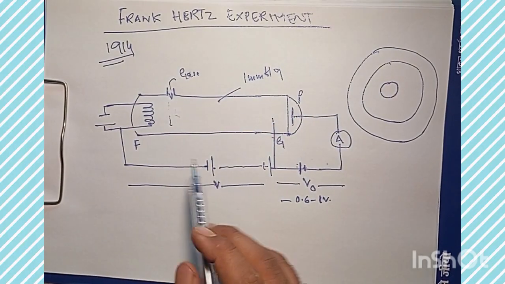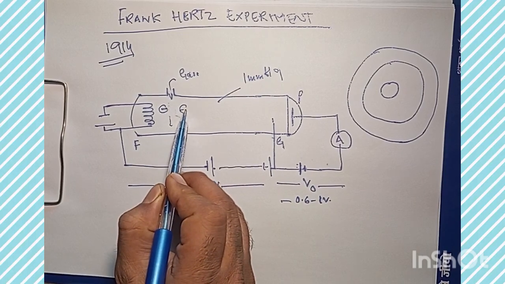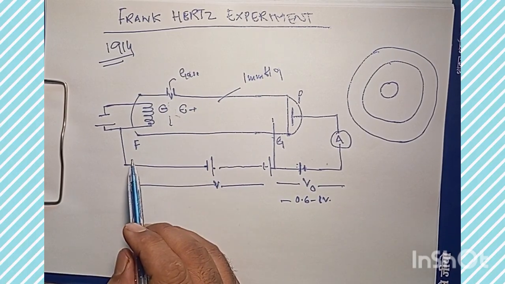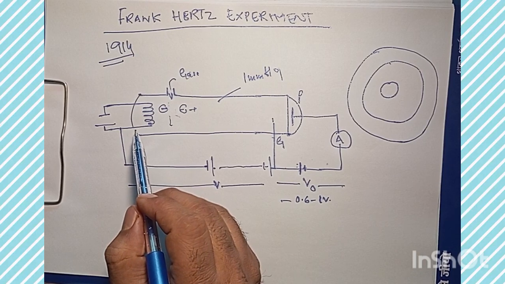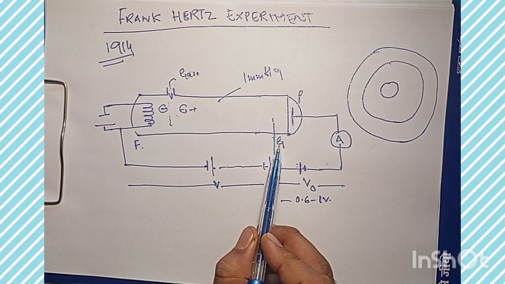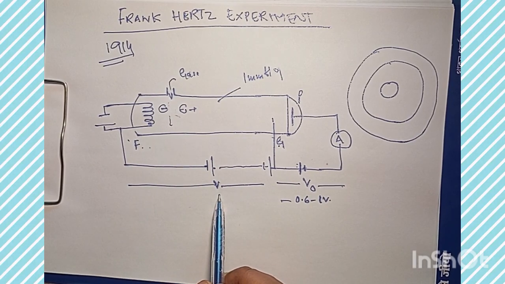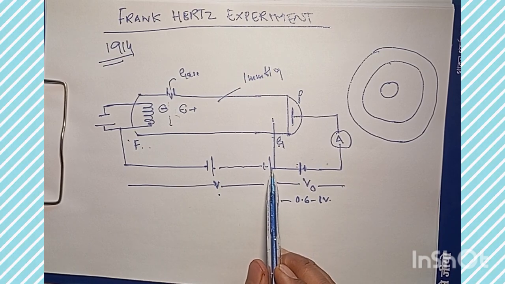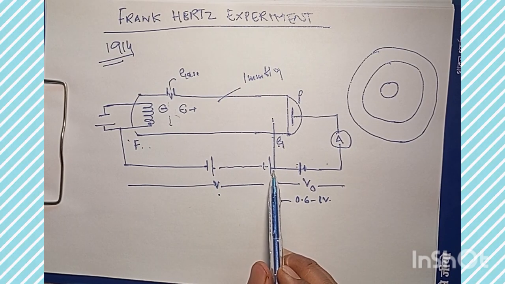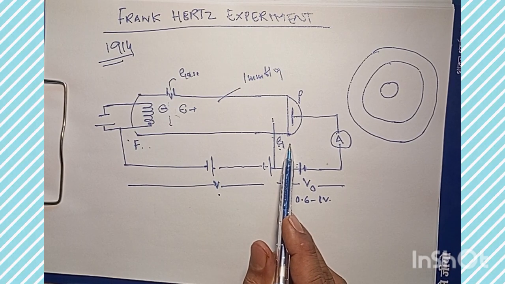The electrons are emitted from the filament when it becomes hot, and they are accelerated between F and G. The potential that we have between F and G is V, which is greater than the retarding potential that we have between G and P.